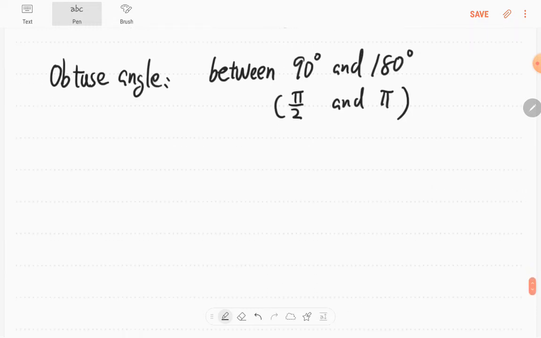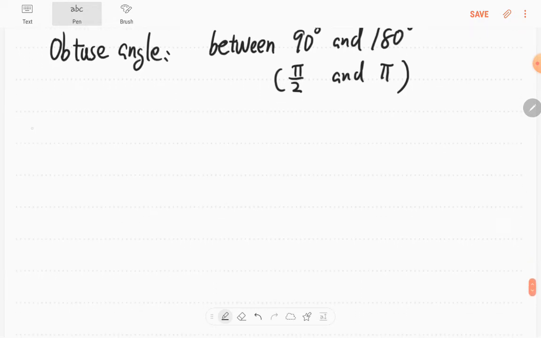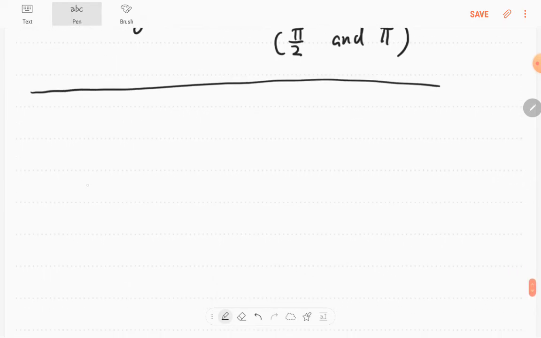Let's look at, we have learned the coterminal angles. They share the same initial side and the same terminal side. So now let's look at another angle. If you have two angles, alpha and beta, these two angles are greater than 0. Okay?